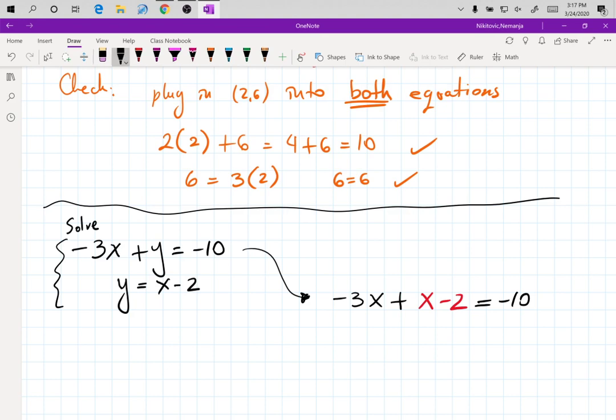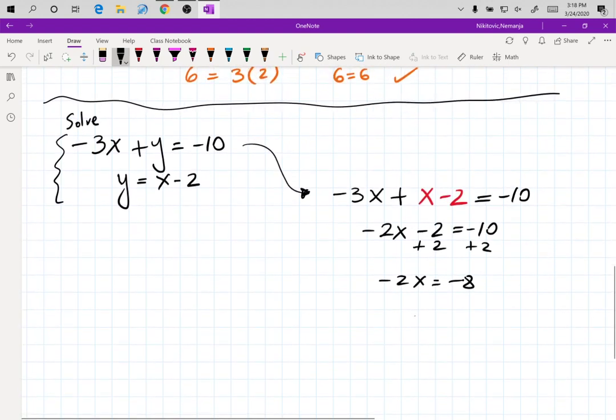Now if you look at your equation here, minus 3x plus x is minus 2x. Minus 2 equals negative 10. Add 2 to both sides. Now it's a basic equation. We get negative 8, and when I divide both sides by negative 2, x is 4.